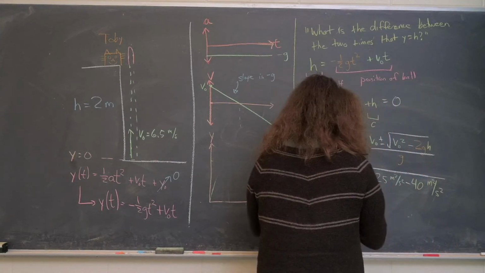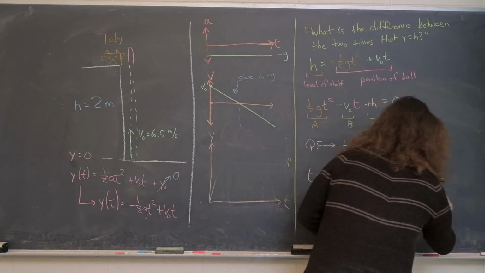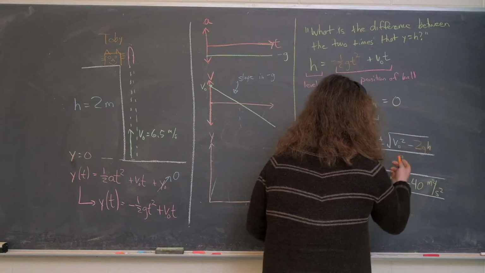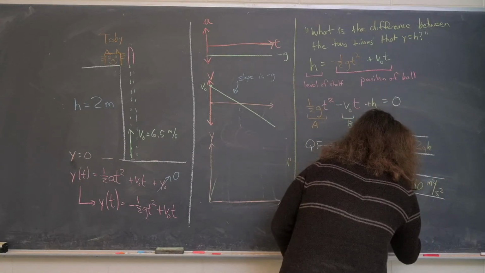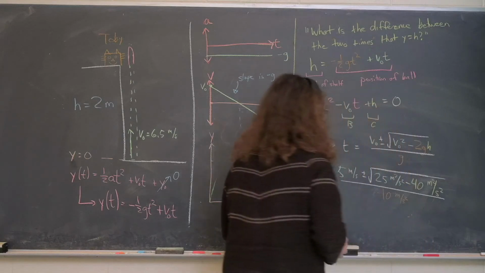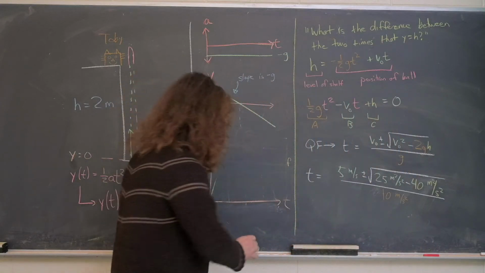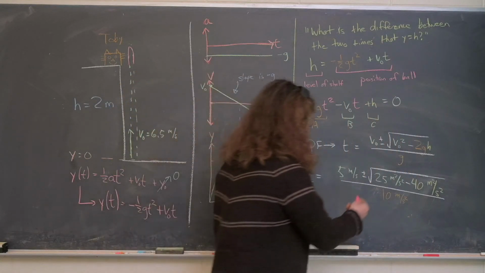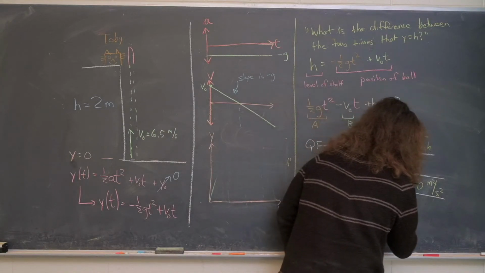You're probably already screaming at me about what's going to happen next. Yes, I know, I just want to finish this. Divided by g, which is 10 meters per second squared. What happened? This is imaginary, right?